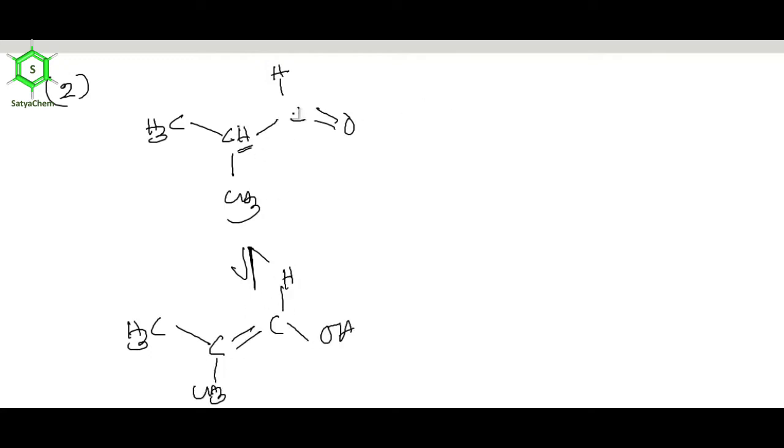But when you introduce aryl groups on the alpha carbon of a carbonyl compound, then the enol content increases. So this is the alpha carbon. Why is it the alpha carbon? Because this carbon is next to the functional group, that is here the carbonyl aldehyde group.